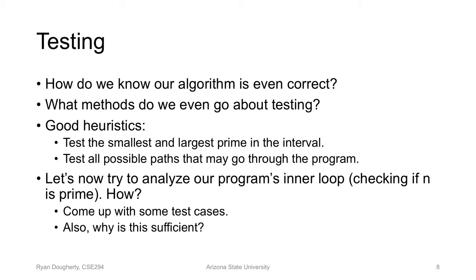Because if the prime checker is true, then everything else is true. Exactly. If the prime checker works, then we know the loop will work because it's just a counter from 2 to 10,000, and we've already checked the smallest and largest number. So since the smallest and largest work, and everything else works, then we know the entire thing works. That's another good heuristic.